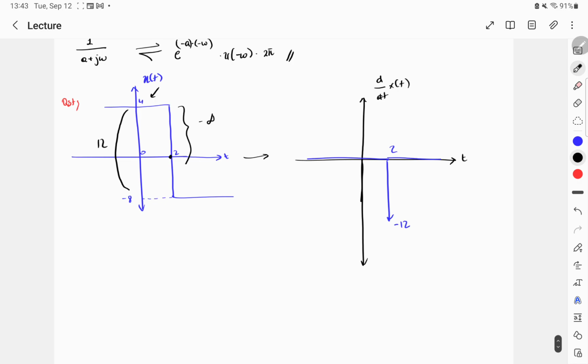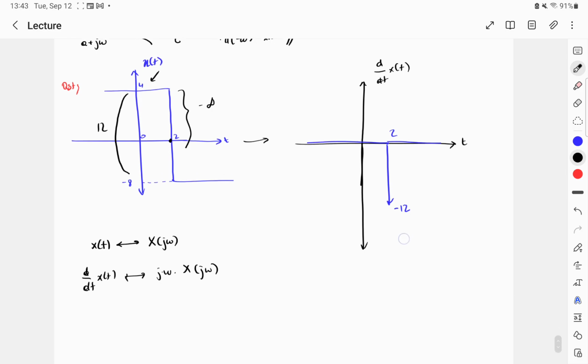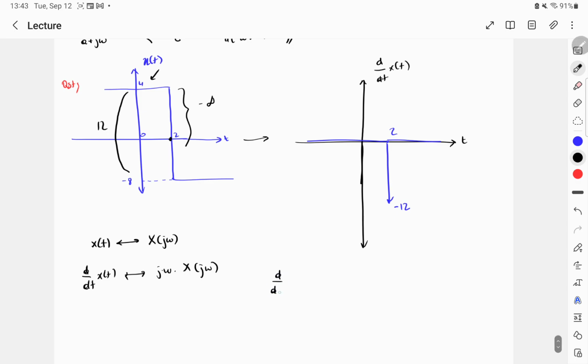So let me remind you of our Fourier transform property: the Fourier transform of this one is like this. And if we were to take the derivative, the Fourier transform would be j times omega times the exact same Fourier transform. Now, we know that the derivative of this time domain function is minus 12 delta.